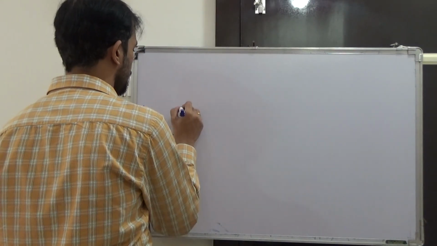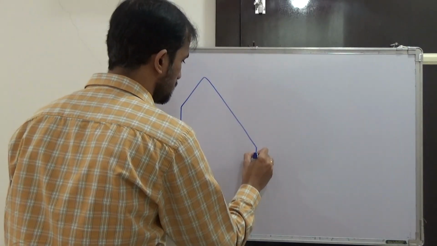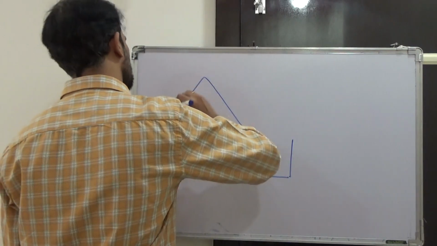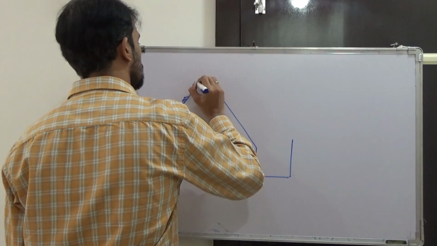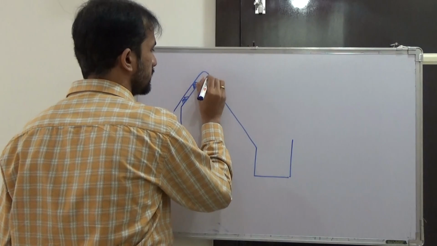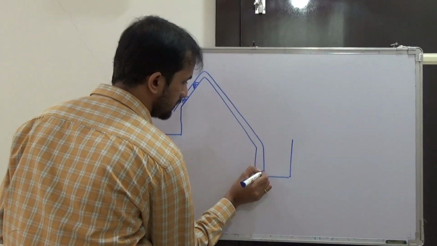So let us say this is the upper reservoir, there is a summit, and this is a lower reservoir. Now I will draw this tube mounted here like this. It goes over the hill and again goes down.